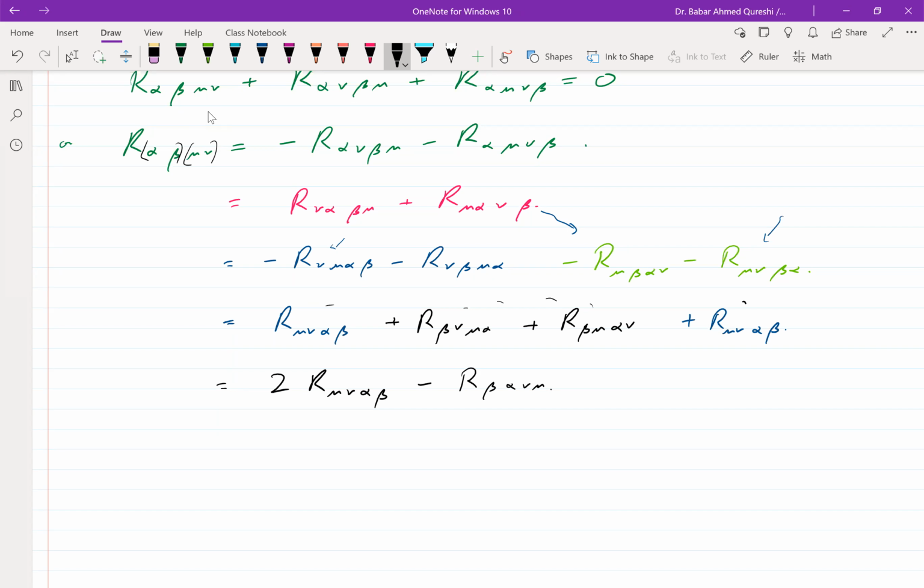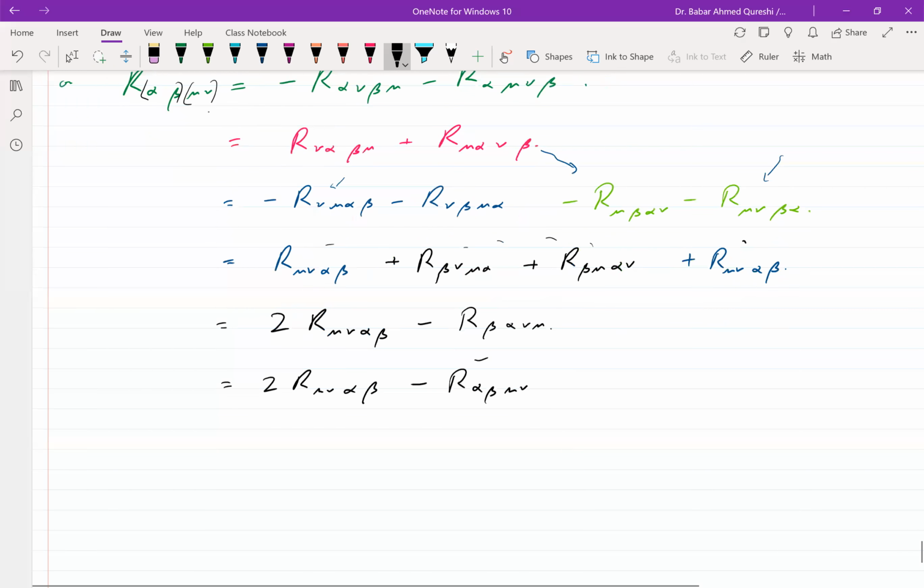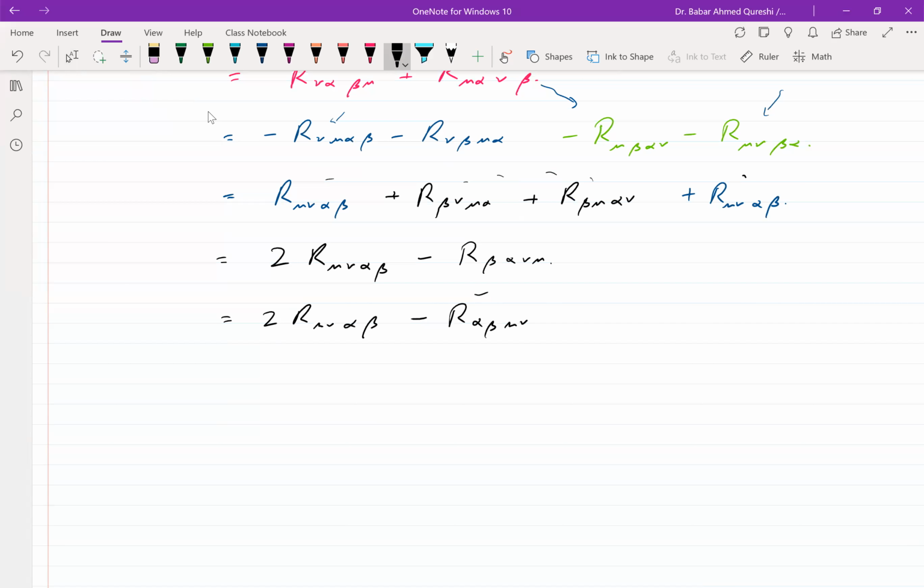Now this guy, I can do a double exchange, beta exchange with alpha and nu exchange with mu. I generate two negative signs so the sign doesn't change. And this is now exactly the same as the left hand side. So this goes to the other side and you have 2R alpha beta mu nu is equal to 2R mu nu alpha beta.